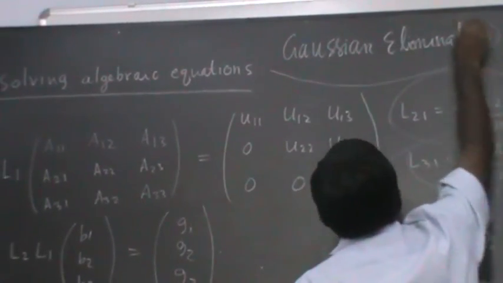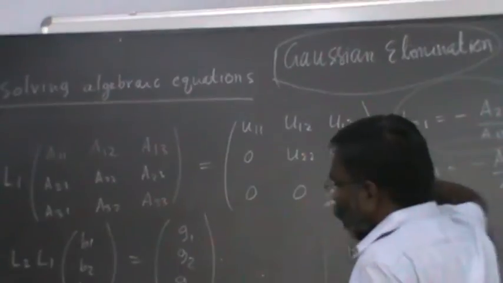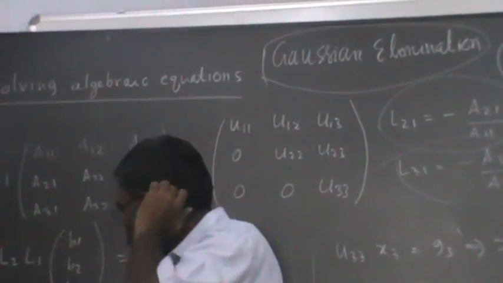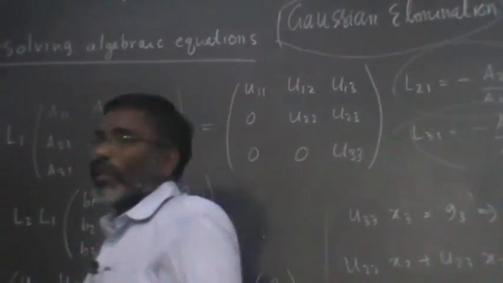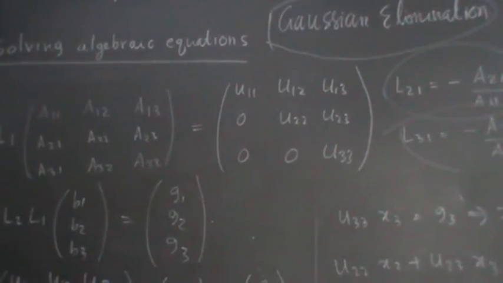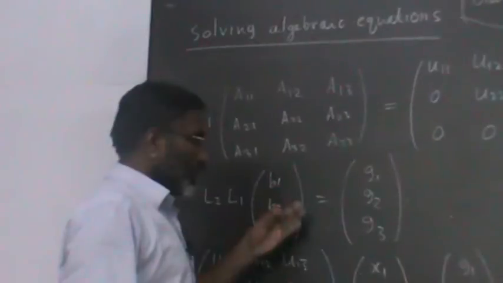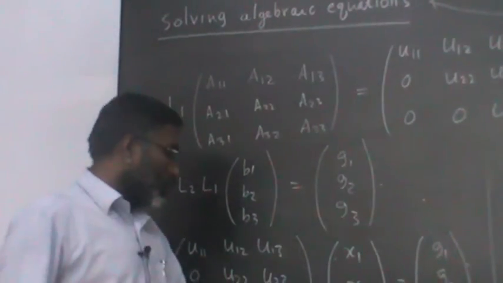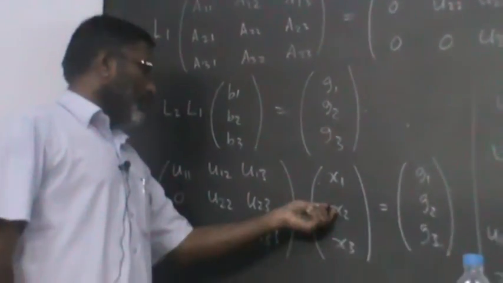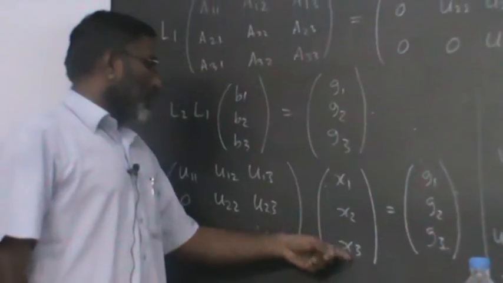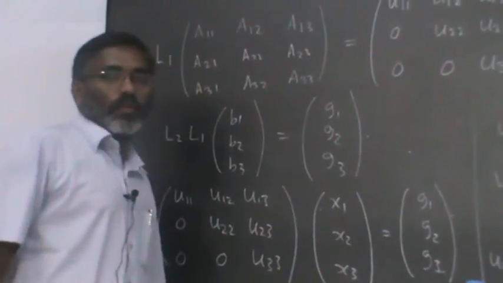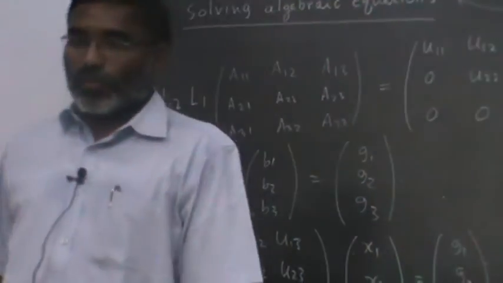So the Gaussian elimination method uses eliminating all this, converting a given matrix into an upper triangular matrix, and after the upper triangular matrix, this is called the back substitution method. You first find x3, substitute x3 to get x2, substitute x3 and x2 to get x1, and so on. So this is called back substitution.